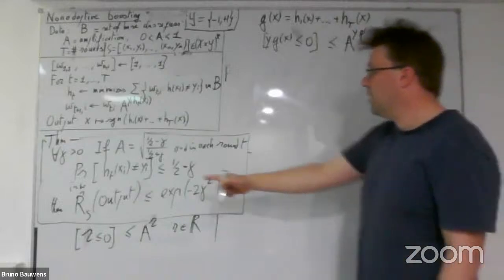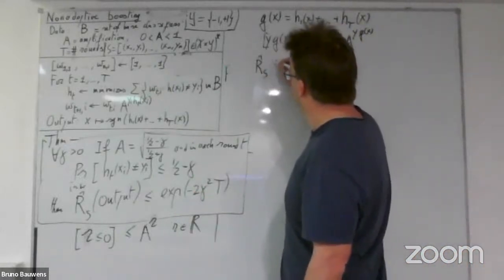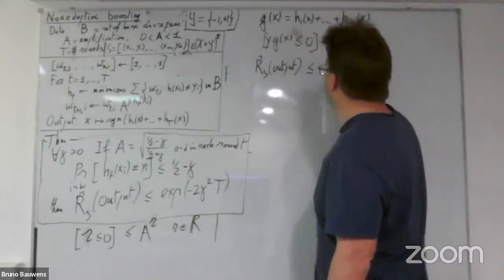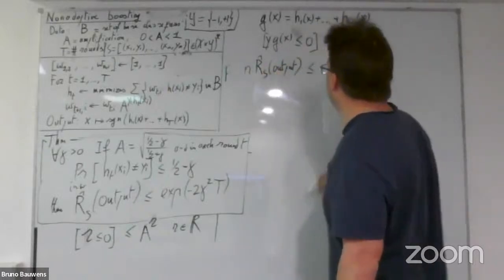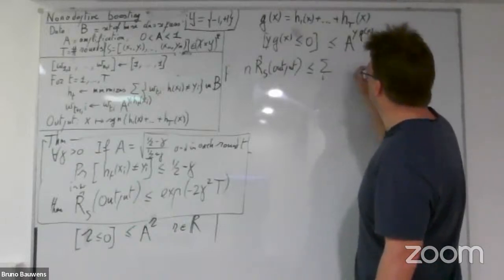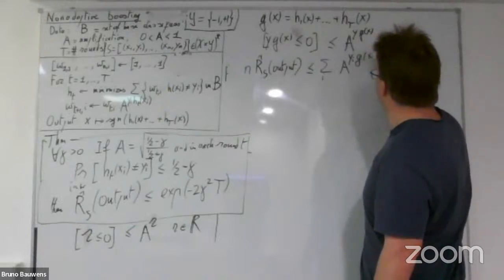Now we can write down an upper bound for empirical risk. The empirical risk of the output is bounded by, let's multiply by n to get rid of annoying things, the sum over all i of a to the power y_i g of x_i.